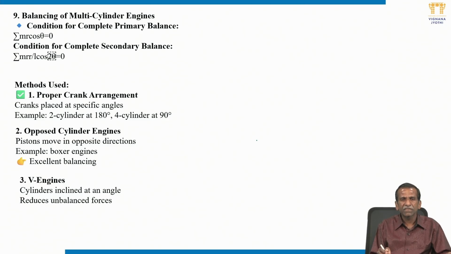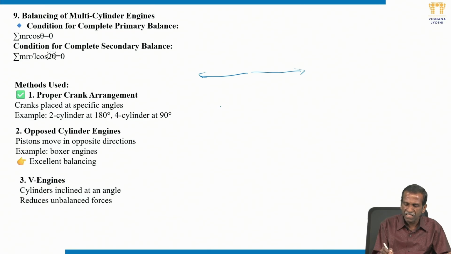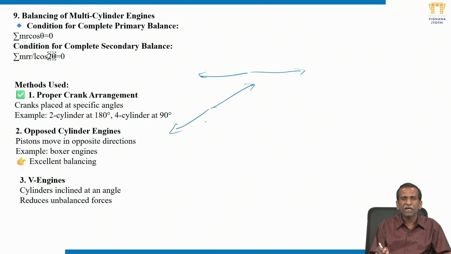In two cylinder engines the cranks are at 180 degrees to each other, and in the case of four cylinder engines they can be placed at 90 degrees to each other.